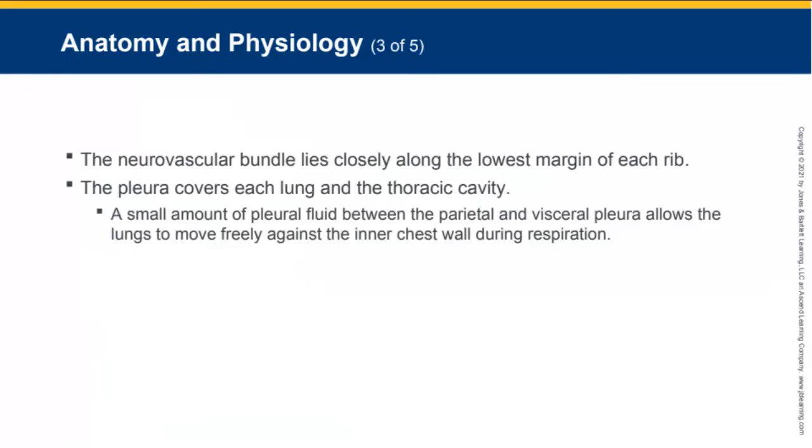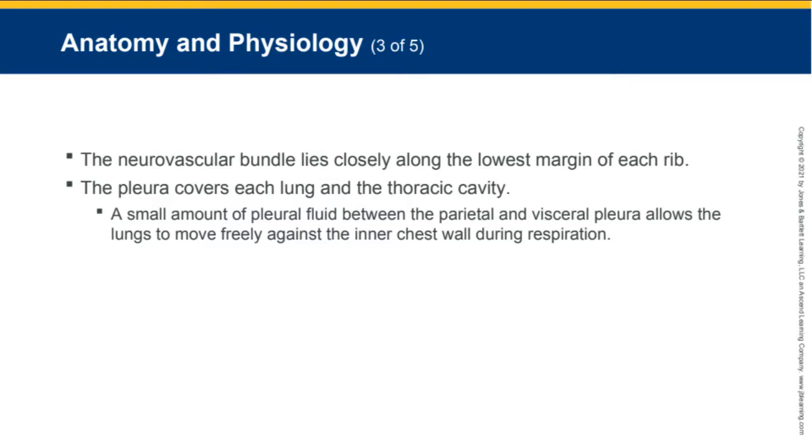Between the ribs, just below each rib, there is a neurovascular bundle which contains a nerve, artery, and a vein. So the neurovascular bundle supplies the rib cage with nerve endings and blood flow.